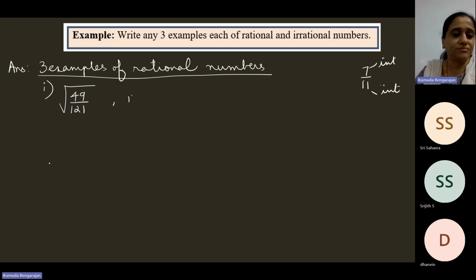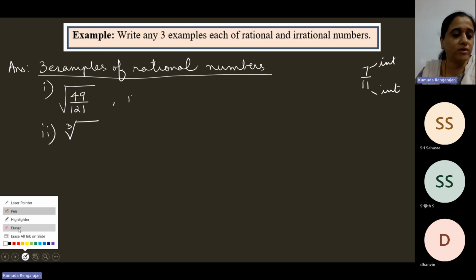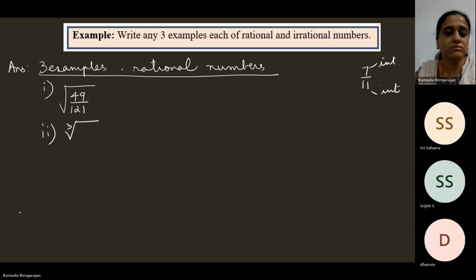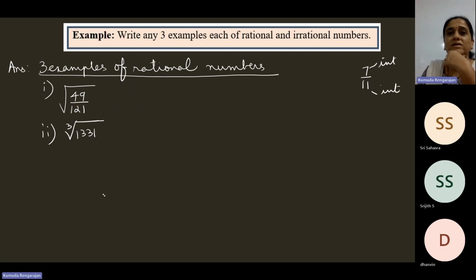Now, what about cube root of 8? What about cube root of 1331? It's 11. 11 into 11 into 11 is 1331.